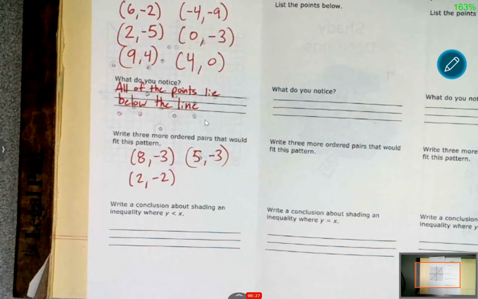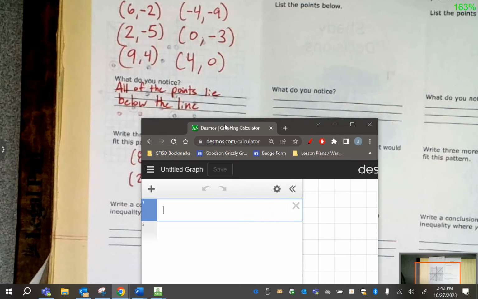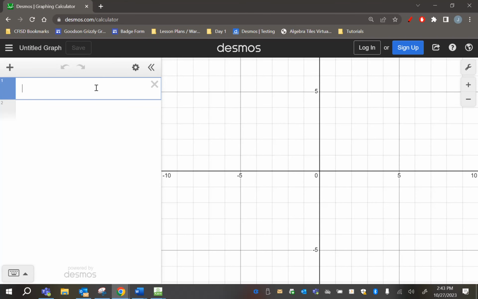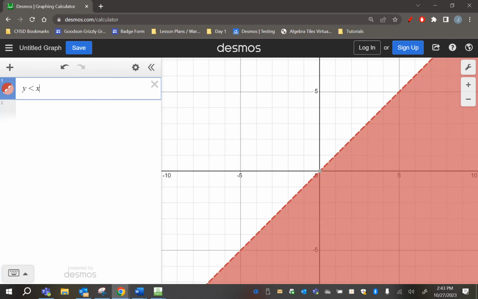So, when you go to graph a two-variable inequality, I'm going to open up Desmos to illustrate this. Okay. Y is less than x. You'll notice that the solution set is all of the places that are below the boundary line.